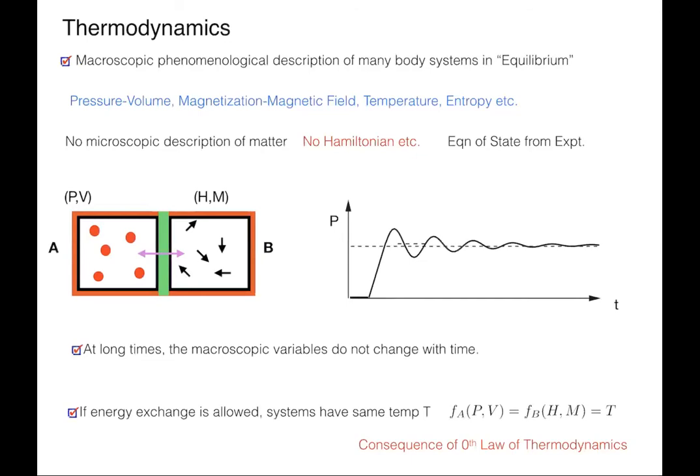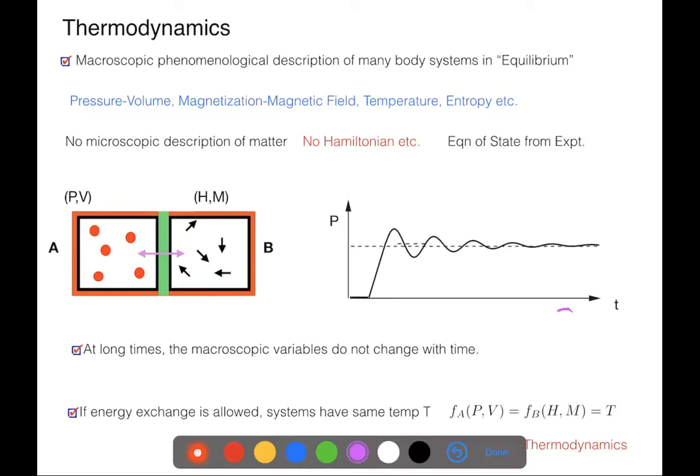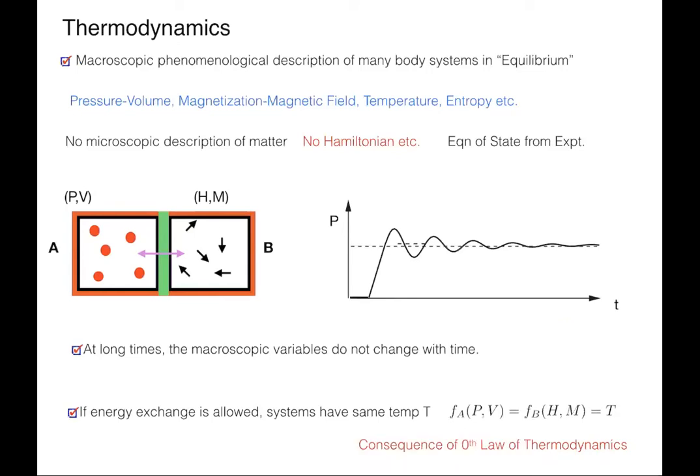profound things. For example, it says that if I have a gas whose macroscopic coordinates or thermodynamic coordinates are pressure and volume, and I connect it to a system of spins, which is a magnet, whose thermodynamic coordinates are, let's say, the magnetic field and the magnetization.